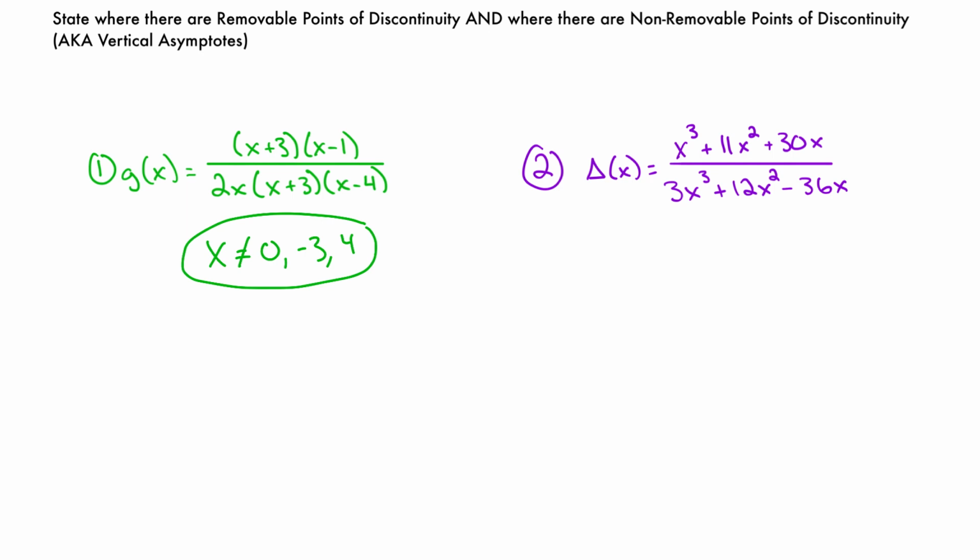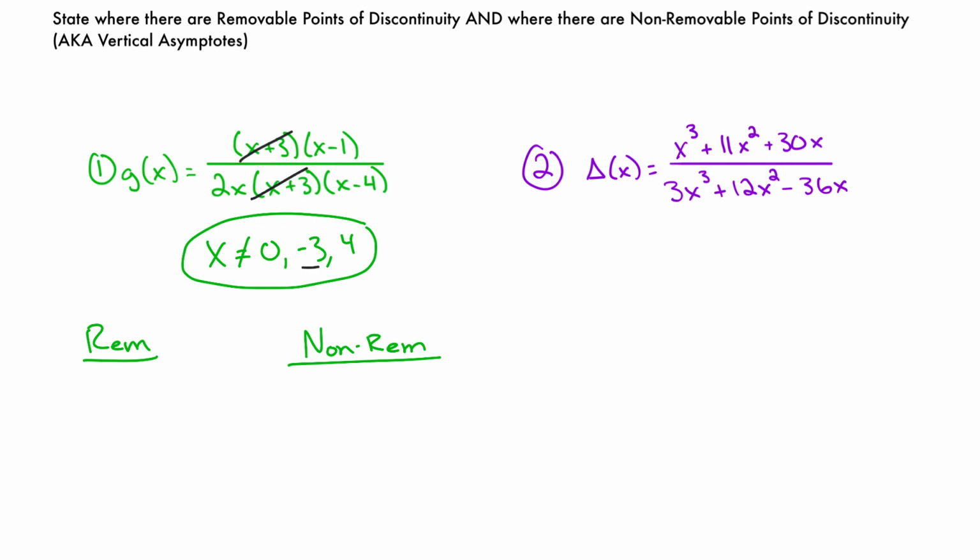What we're doing in this chapter is we're labeling them as one of the two. They are either removable, which I just abbreviate as rem, or they're non-removable, non-rem. You just need to categorize them. Problem 1's pretty straightforward because I have an x plus 3 on top and bottom.